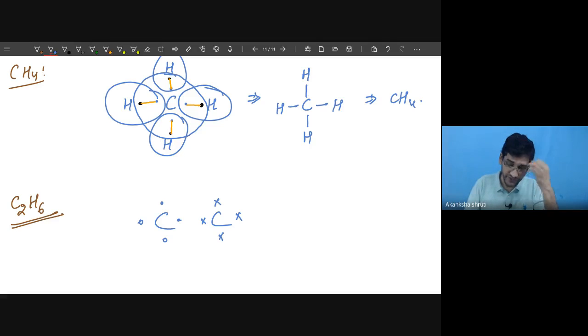Now let us consider the hydrogen. So 2 carbon and 6 hydrogen. Only 6 are available, means I shall associate 3 hydrogen with the first carbon and 3 hydrogen with the second carbon.